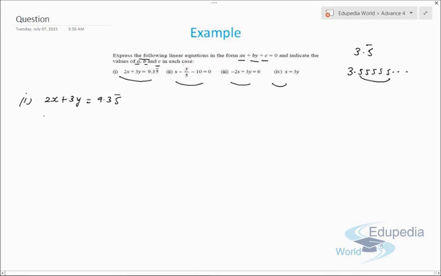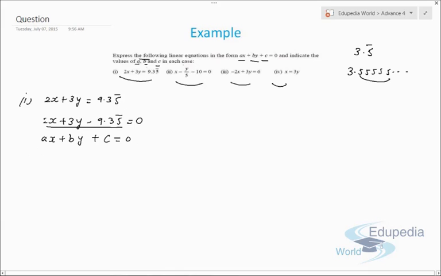Now we can rearrange this equation. We get 2x + 3y - 9.35 bar = 0. So now we are getting this equation in the form of ax + by + c = 0.